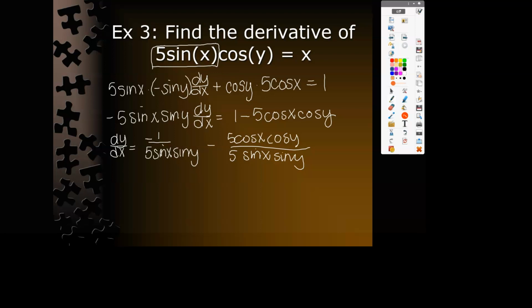So what that would do is allow you to say, okay, well, 1 over sine is really cosecant. So this is kind of like negative 1/5 cosecant x cosecant y.